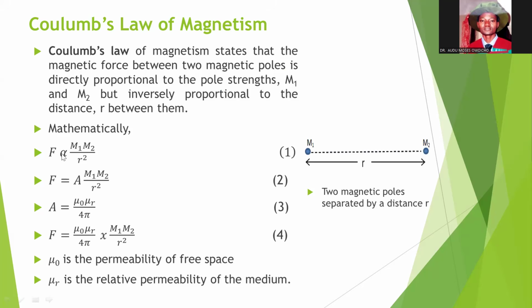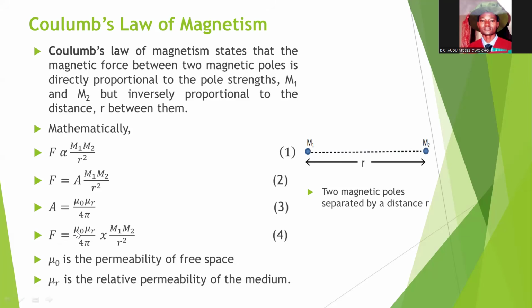If we remove the proportionality sign and introduce a constant A, we have equation 2. And if our constant is given by equation 3, by substituting, we have equation 4. So equation 4 is used to compute the force of attraction between two magnetic poles of pole strength M1 and M2, separated by the distance r.